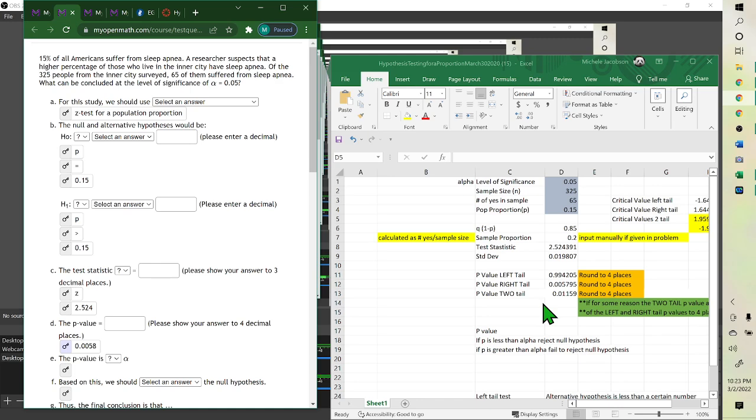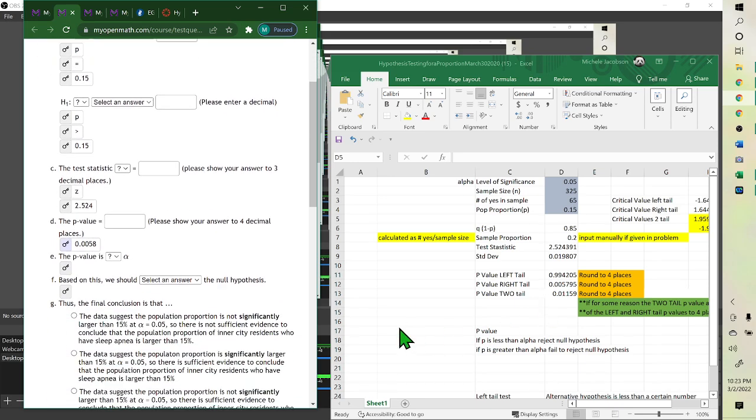And based on this, alpha is 0.05 and the p-value is 0.0058. The p-value is less than alpha. We reject.